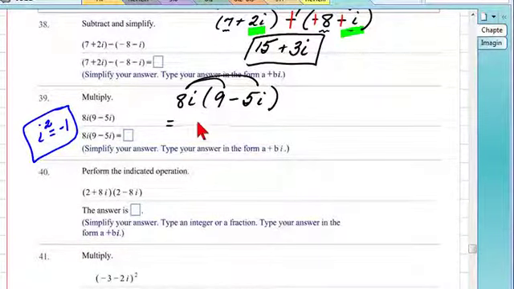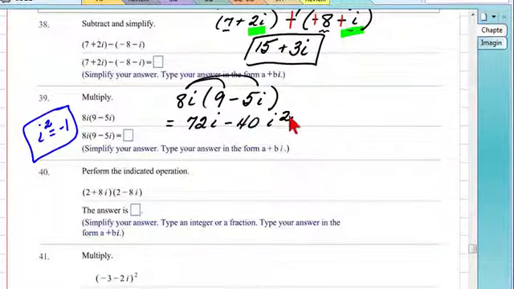8i times 9 is 72i, and 8i times negative 5i is negative 40i squared. What is i squared? It's negative 1. So here's what I'm going to do. This is negative 40 times i squared.